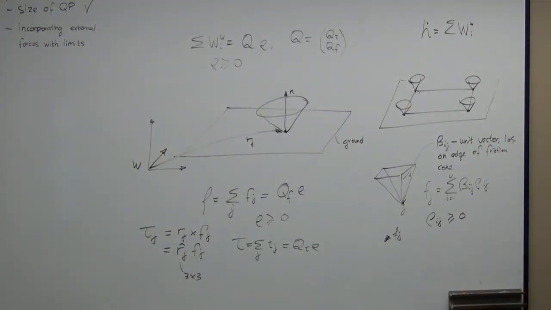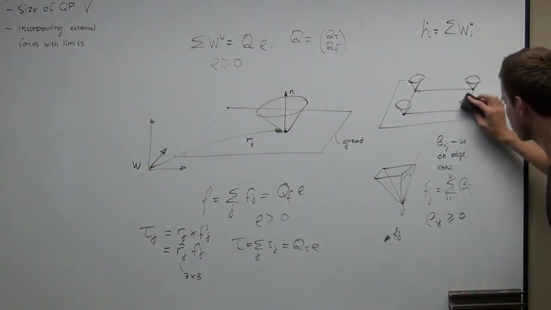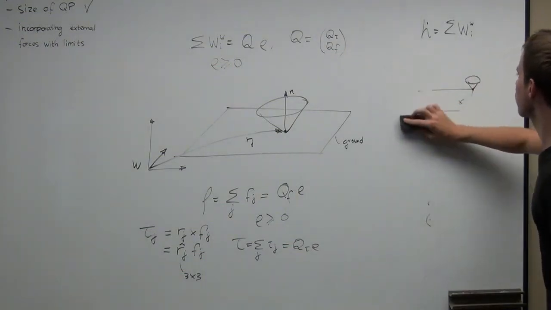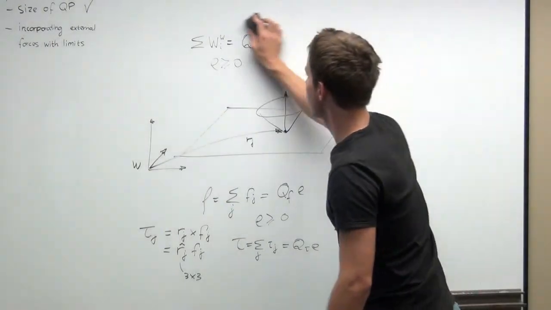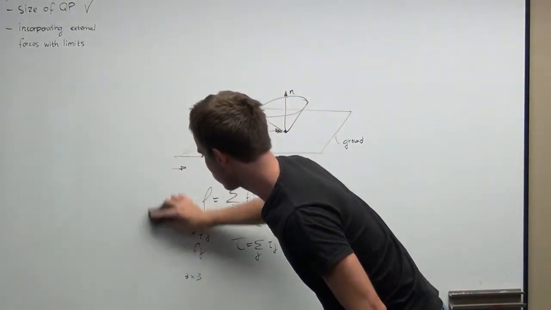So now we're able to construct forces, or wrenches really, that satisfy the friction cone constraints. That's nice. So how do we incorporate that into the quadratic program? Yes, those two equations, exactly. Magic.